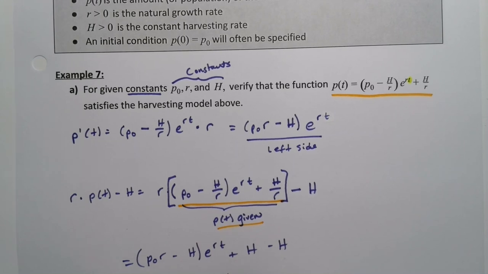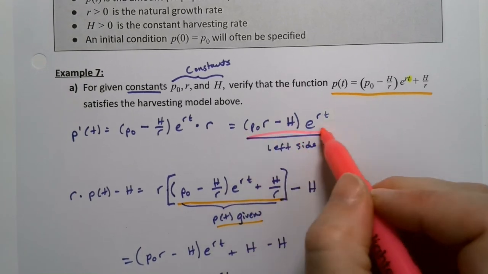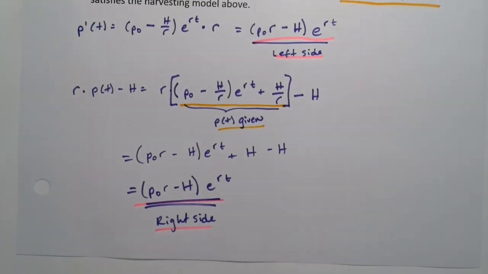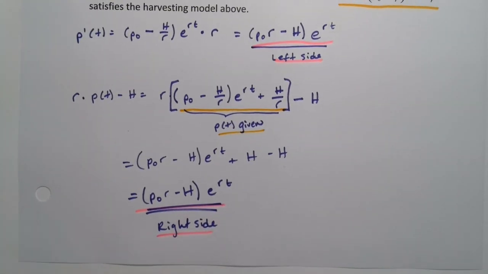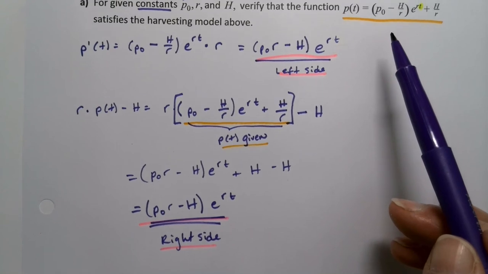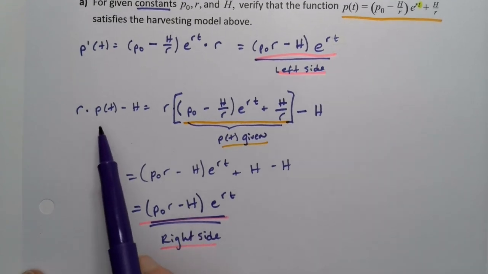And notice they're the same. This left side and this right side are equal. And thus we have verified that this P of t does in fact satisfy the equation that P prime is equal to R P of t minus H.